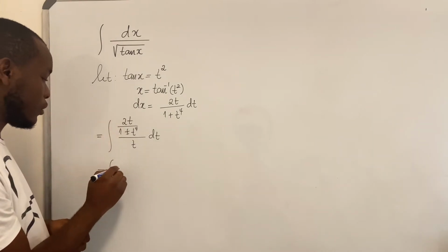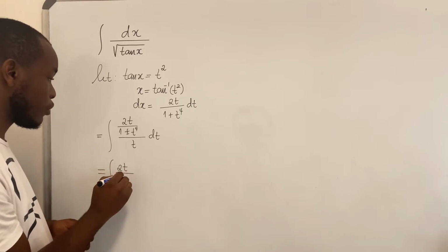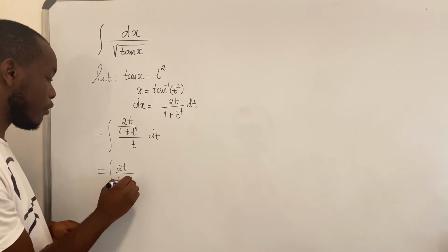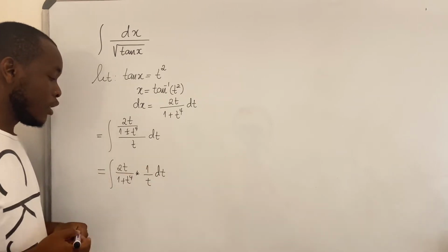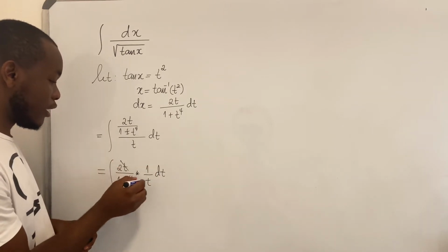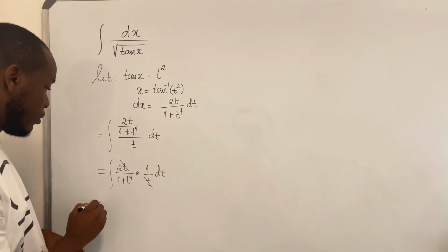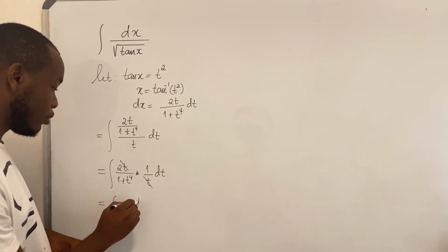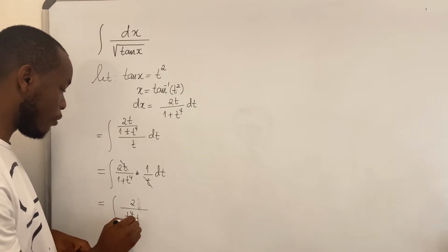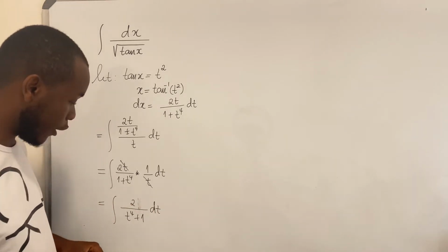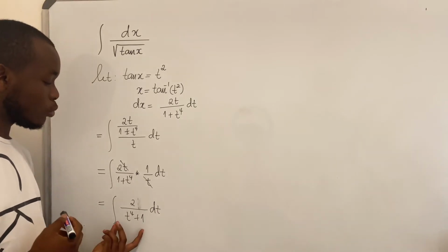So if we apply this fraction rule here, we're going to have 2t over 1 plus t to the power 4 times 1 over t, dt. Okay, so we can simplify this t and this t. We're simply going to get the integral of 2 over t to the power 4 plus 1, dt. Okay, so that's the expression that we get.